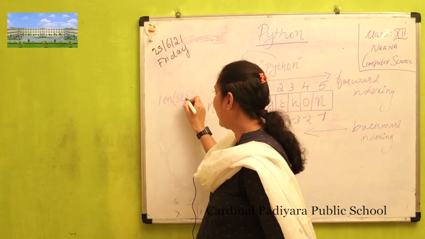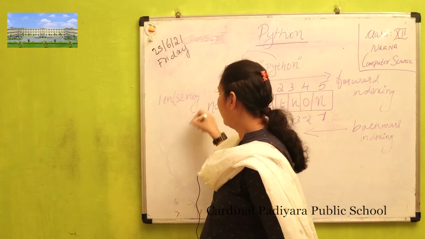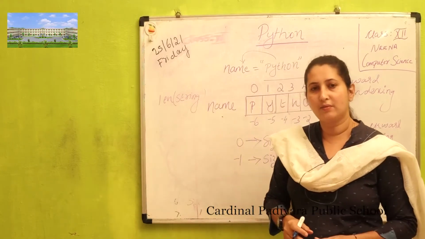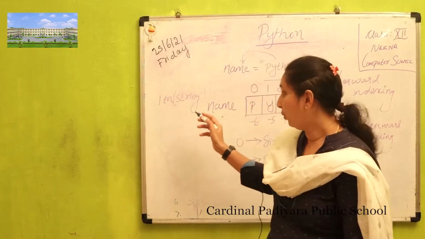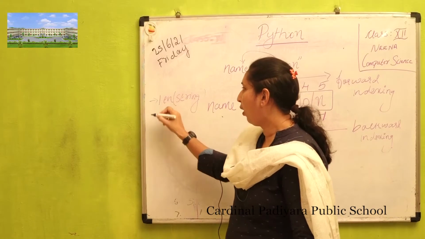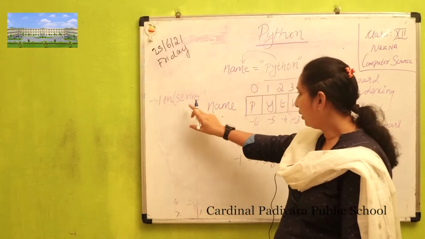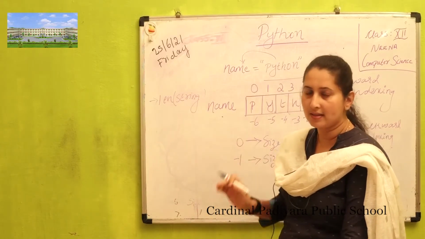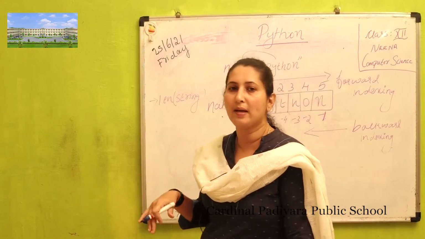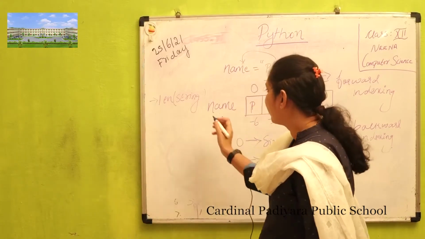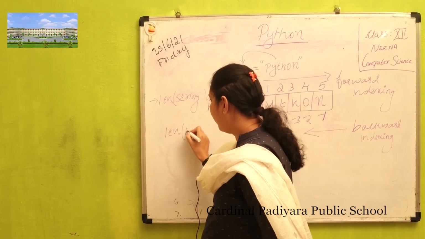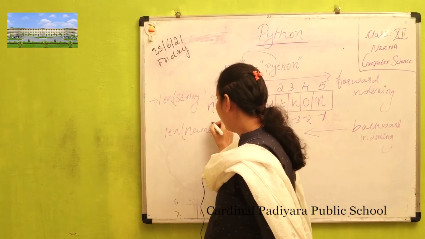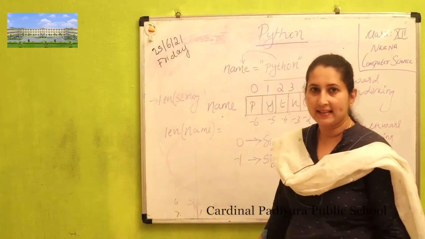This is the syntax of the length function. If you have to find the length of the string, you have to use this syntax, length of string. Here your string is name. Your string is Python, assigned to a variable called name. So the length of that variable name counts the number of characters in the string.